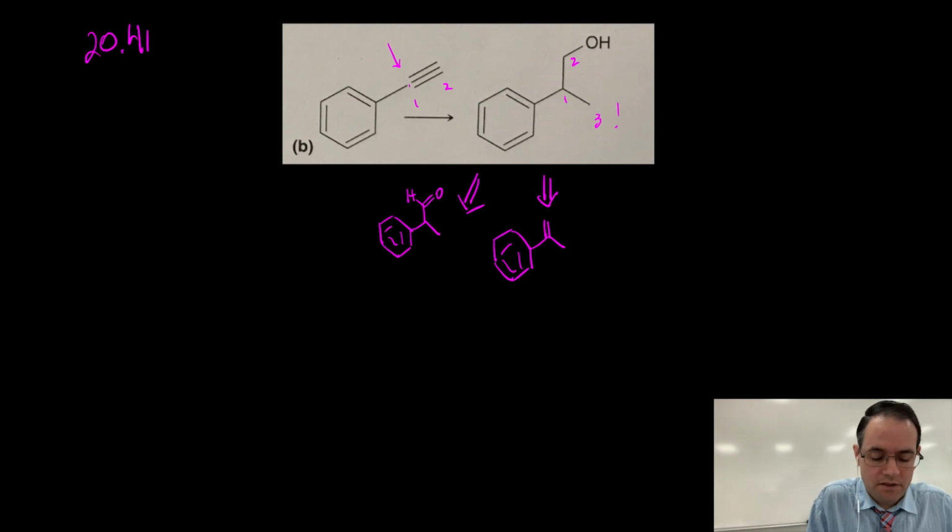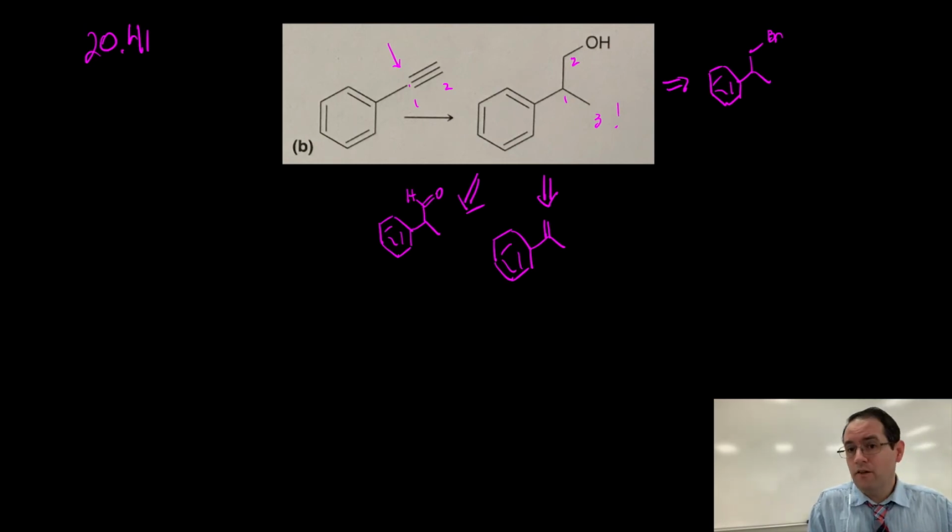Let's go ahead and just sketch that down. So what I'm doing here is kind of focusing on the, you know, the functional groups. But what I really need to focus on is the carbons. How in the world do I get an additional carbon in there?